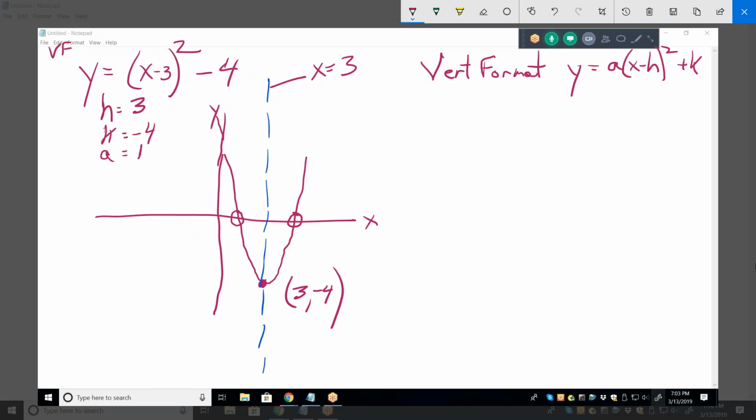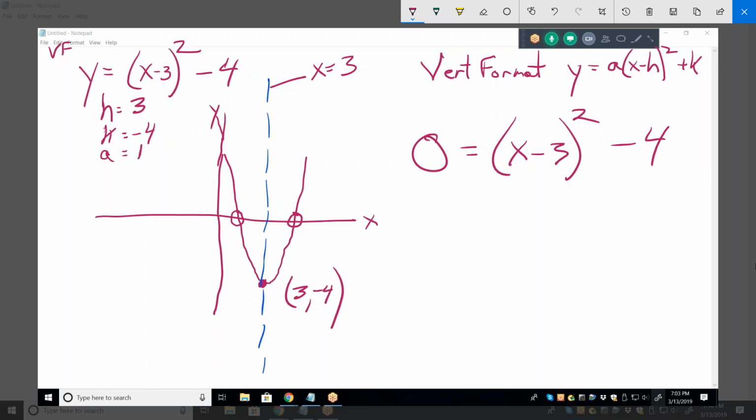What's y equal to when you're on the x-intercept? 0. So I can set y equal to 0. And now all I've got to do is solve for x. Solve that equation. First step: do you square the -3?